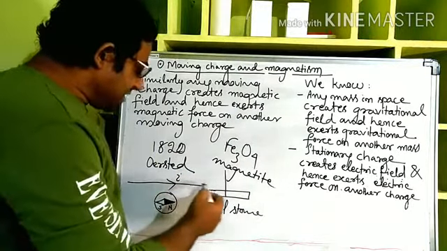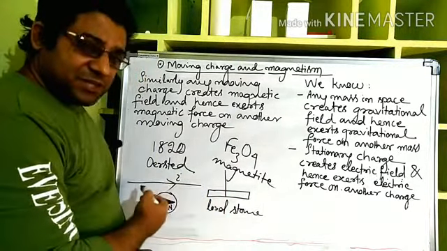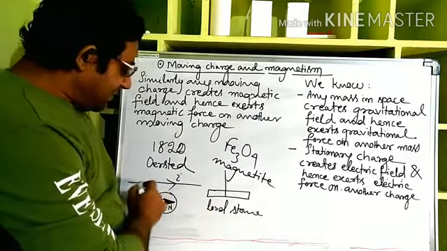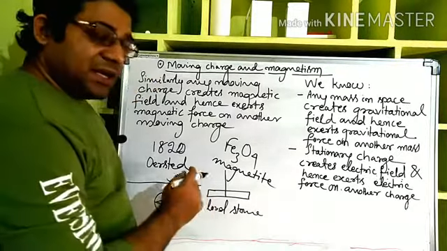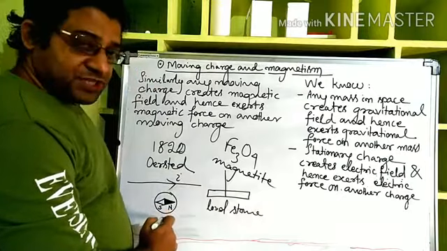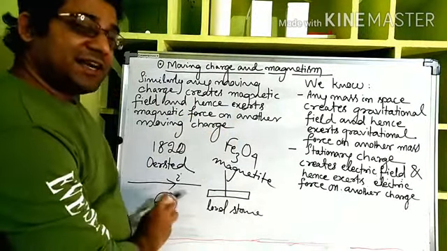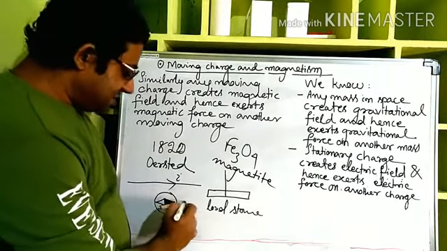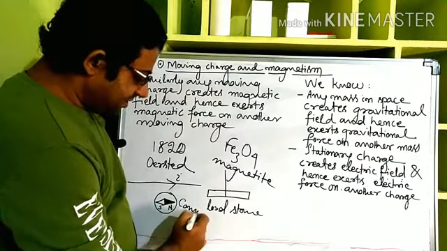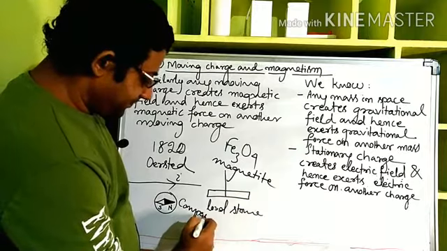Now, current is nothing but a charge in motion, right? If a charge is moving, it is exerting some force here. And how can we say that it's a magnetic force? Because a magnet is getting impacted by it. What is a compass needle? Isn't it a magnetic needle only?